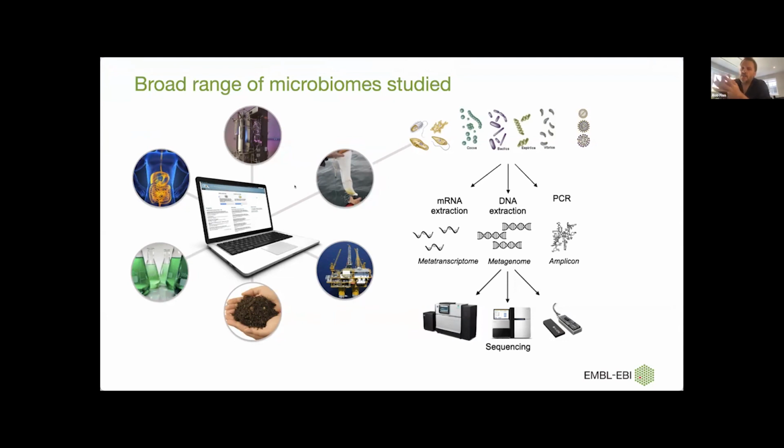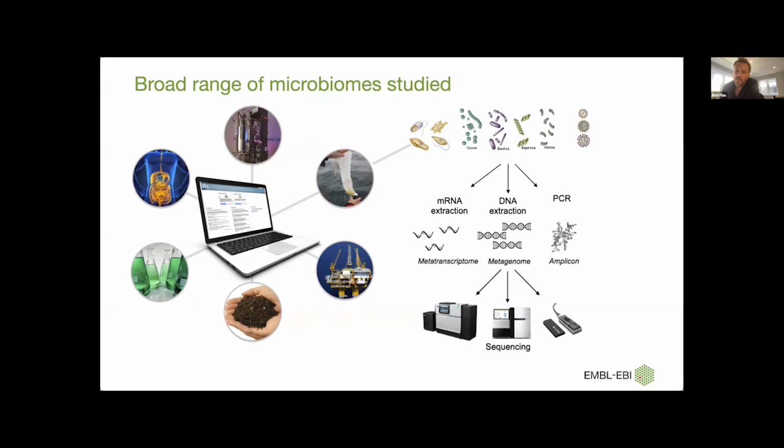Again, if we cast our minds back a decade, the field was very much limited to looking at the prokaryotic fraction and using PCR-based methods, typically against the ribosomal RNA, the so-called amplicon approaches. But now people are investigating the whole microbial fraction: viruses, prokaryotic organisms, and single-celled eukaryotes.